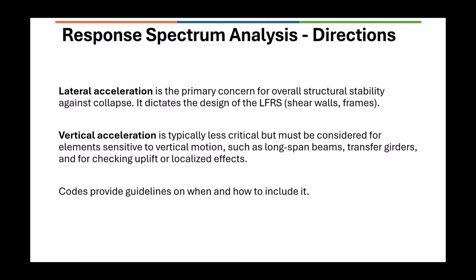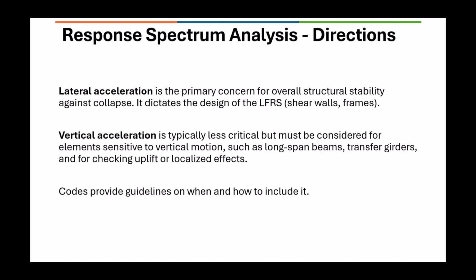How we are going to consider this in the analysis is based on the directions. Typically, the lateral excitation of the structure is what we are interested in. Most structures are weaker laterally than vertically, so lateral acceleration is the primary concern for overall structural stability and collapse.